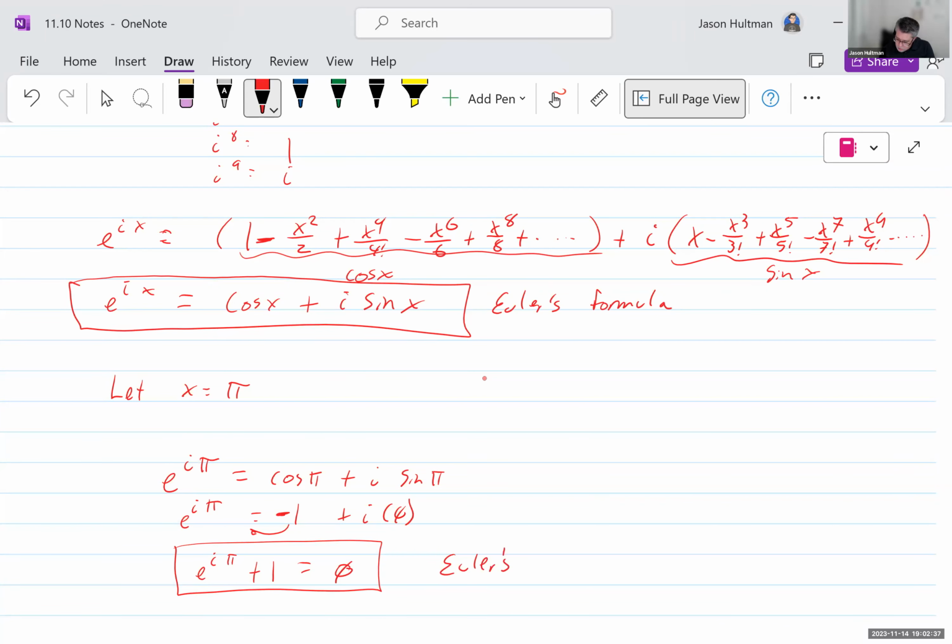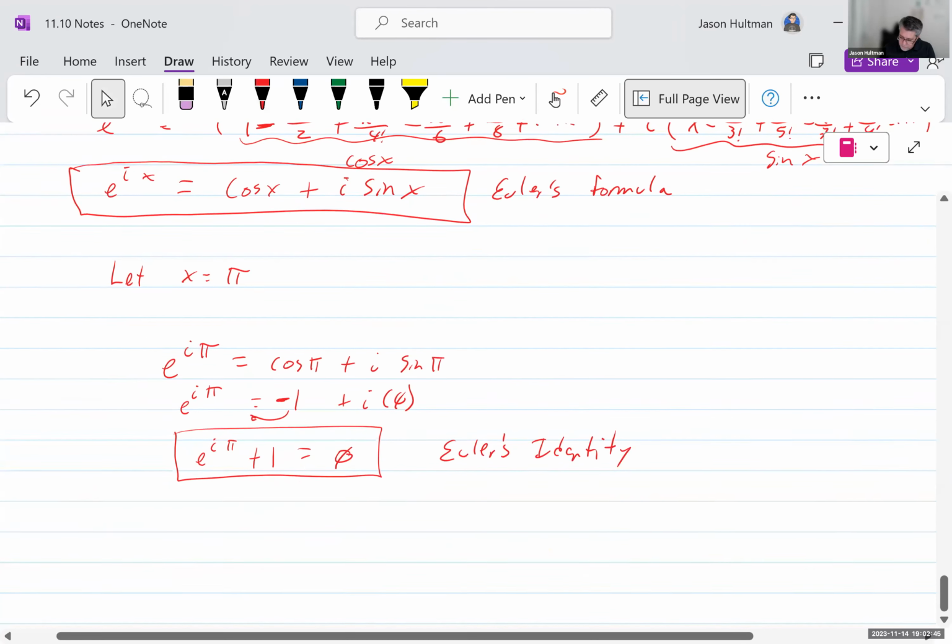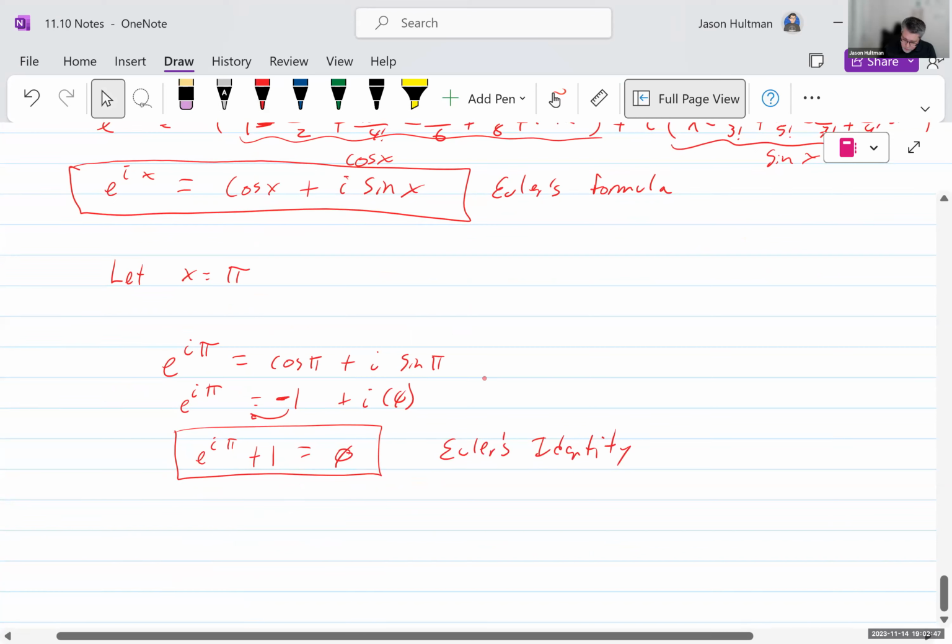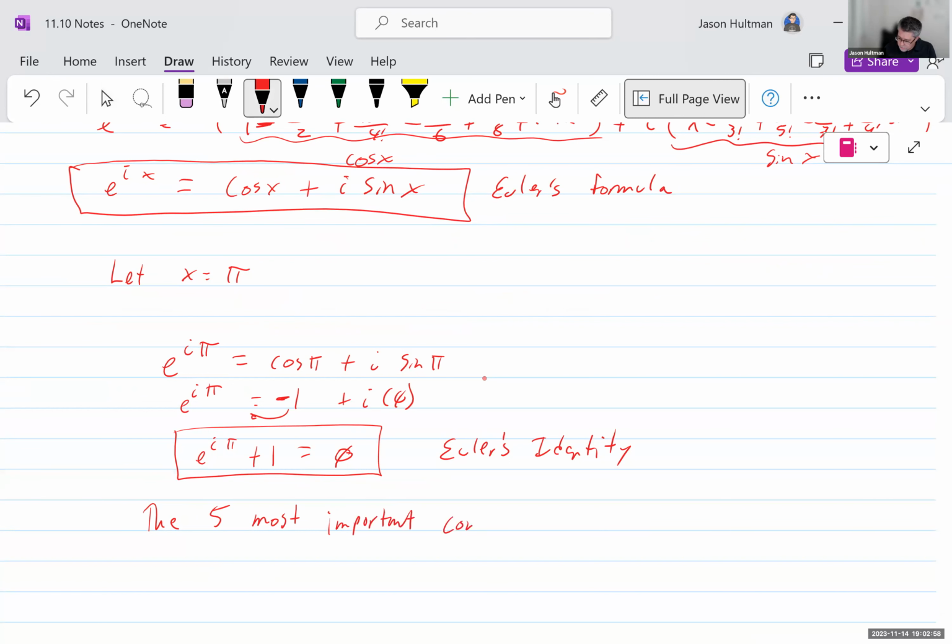And it's extremely famous in mathematics because it contains the 5 most important constants in all of mathematics in one identity.